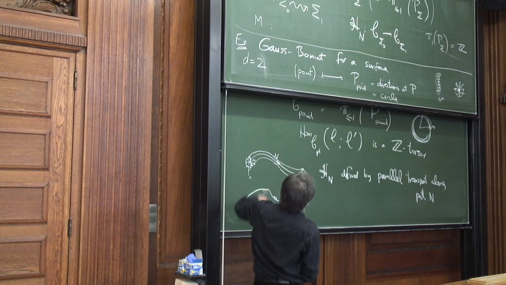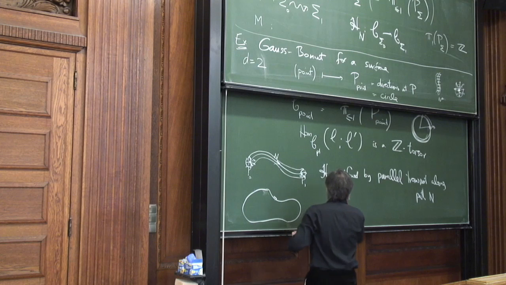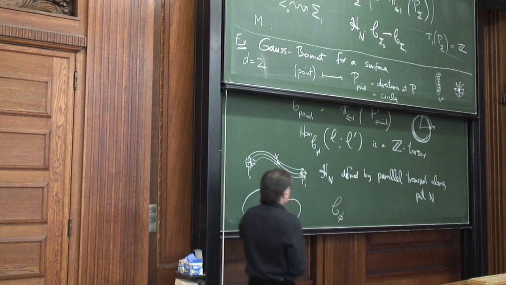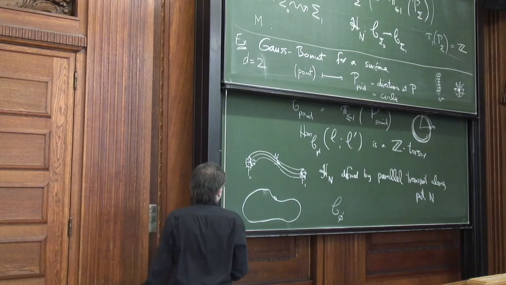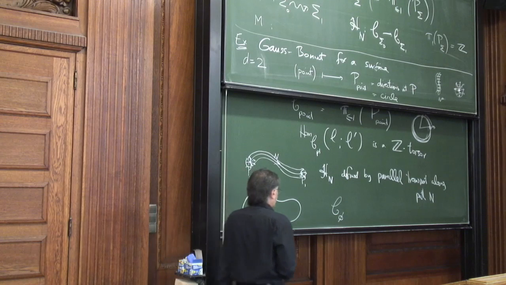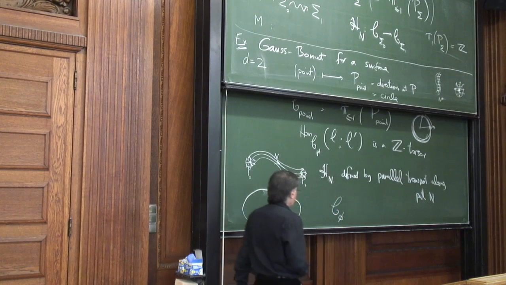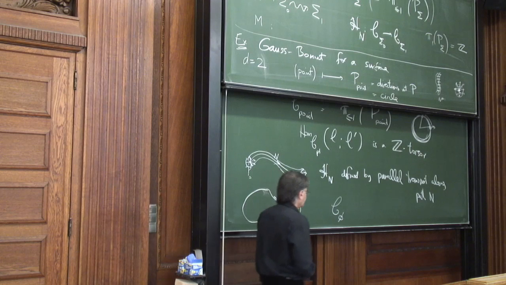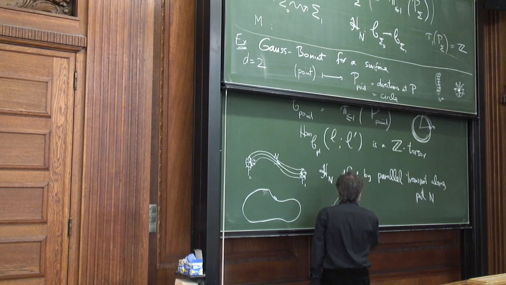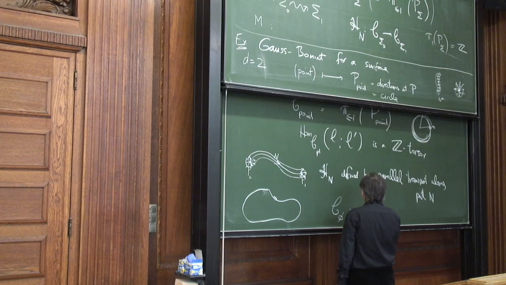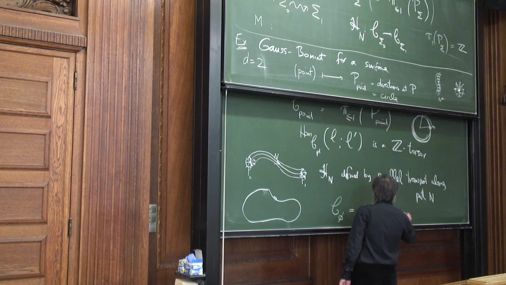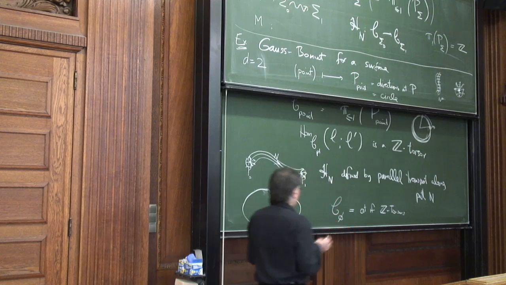One thing I didn't explain is that in this theory, just as the thing associated to the empty d-2 manifold is the space of vector spaces, this will be the category of Z-torsors itself.